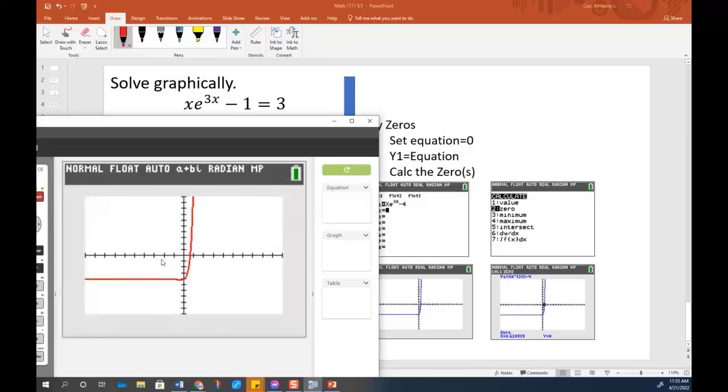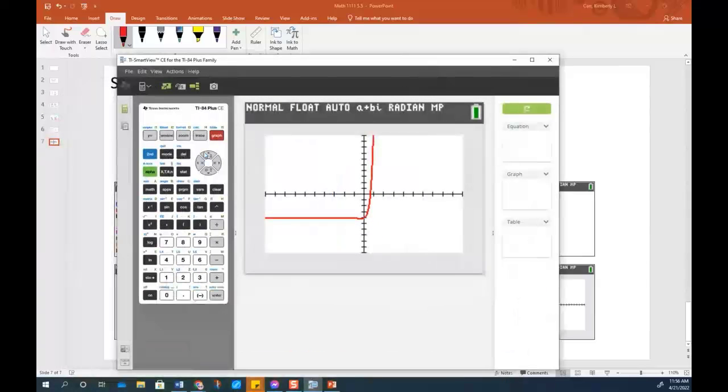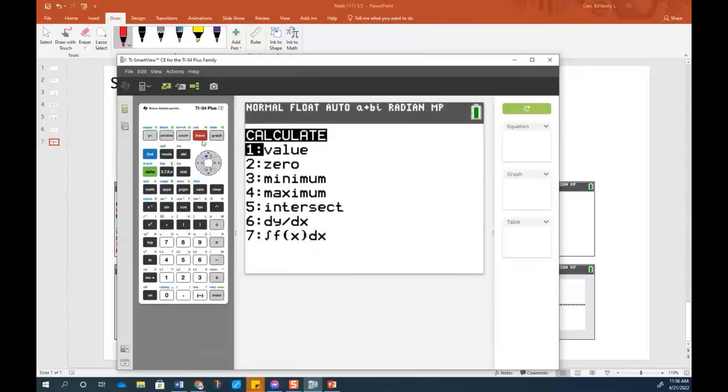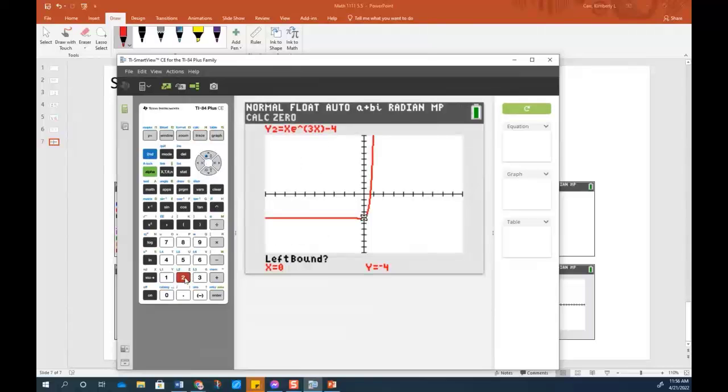So I'm going to hit graph, and what you see is the graph of the one equation I have in there. But since your equation is set to 0, you're wanting to know where it equals 0. So if you do it this way, you want to tell your calculator to calculate not the intersection, but the zeros. And on this one, it gives me a left bound.